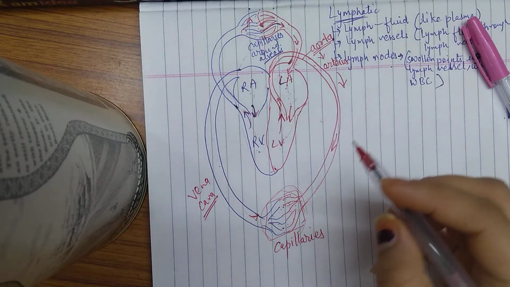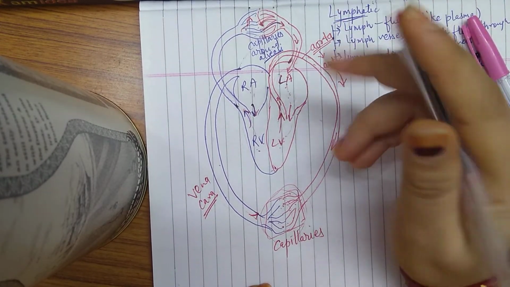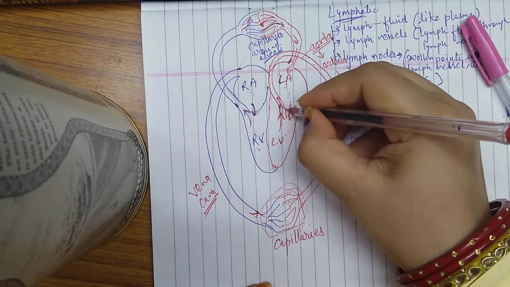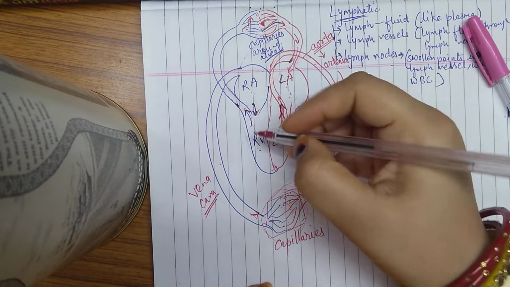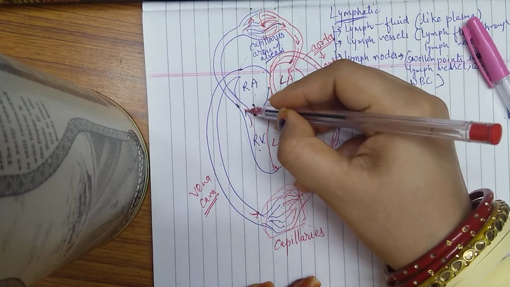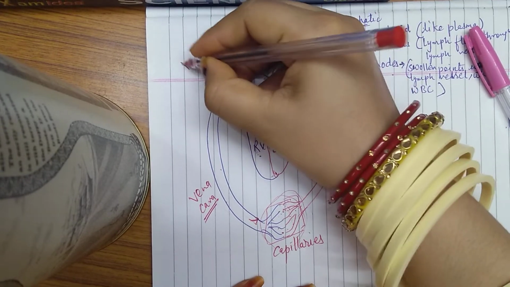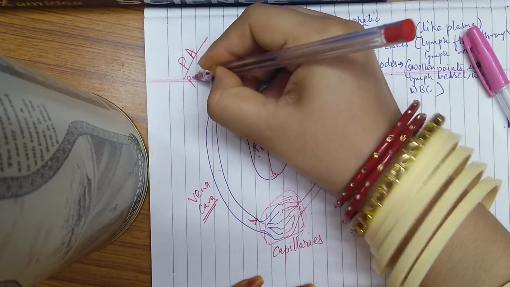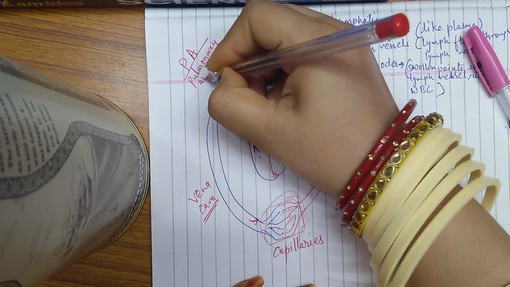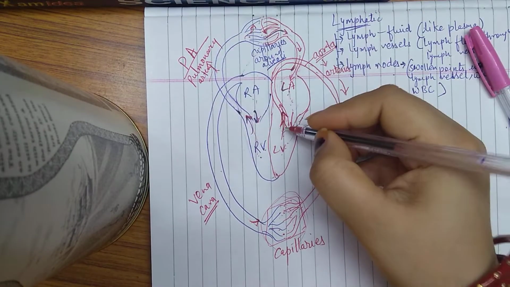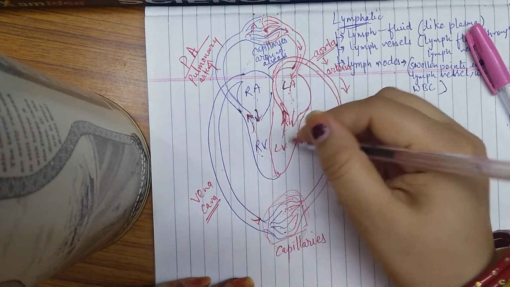Now the blood is leaving the heart at 2 points: one from left ventricle to the aorta, and second from right ventricle to the pulmonary artery.